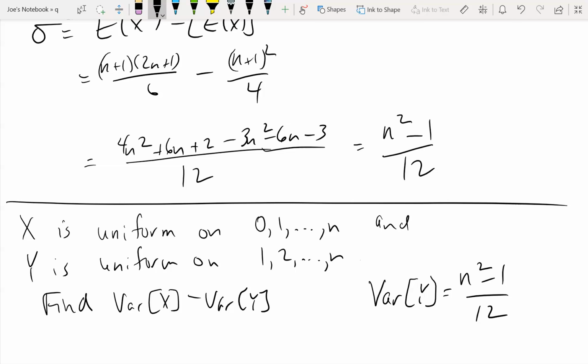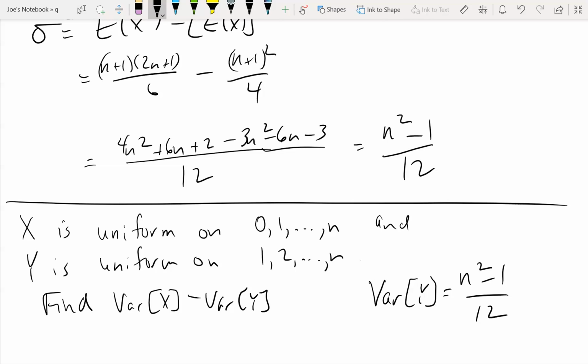Now we talked about this before the test. If I shift the distribution, does it change the variance? No. It'll change the expected value, obviously, right? If I take everything and subtract 5 from it, I would expect the expected value to be shifted by 5. But if I shift it, it doesn't change the variance. Variance is a measure of spread. All I do is pick up a distribution and move it.